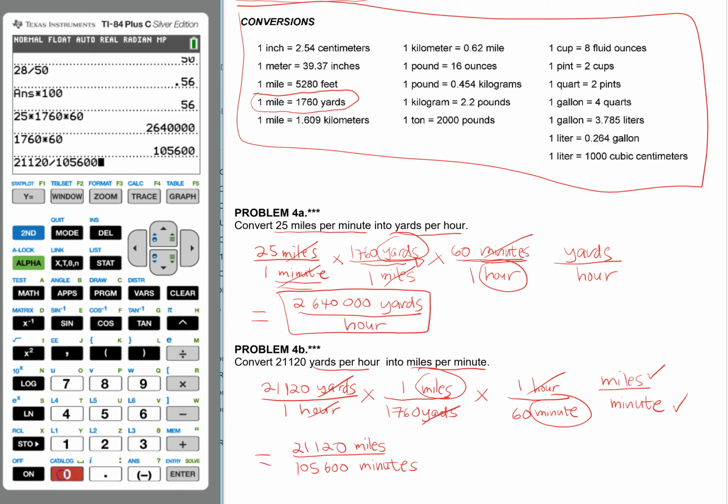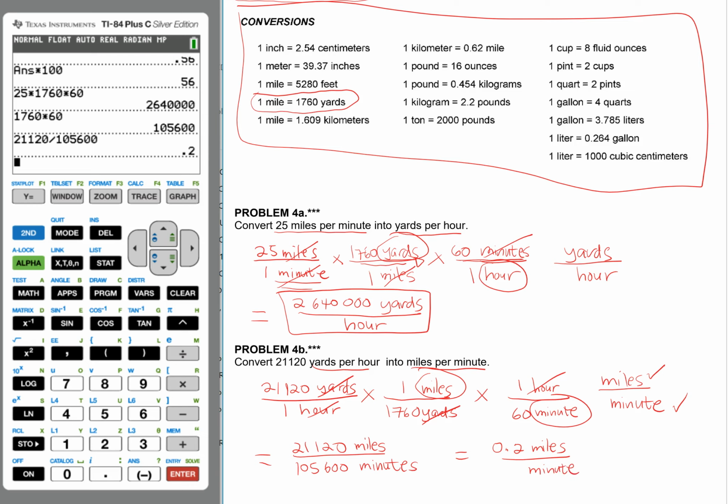This gives you 0.2 miles per minute. So this would be equal to 0.2 miles per minute.